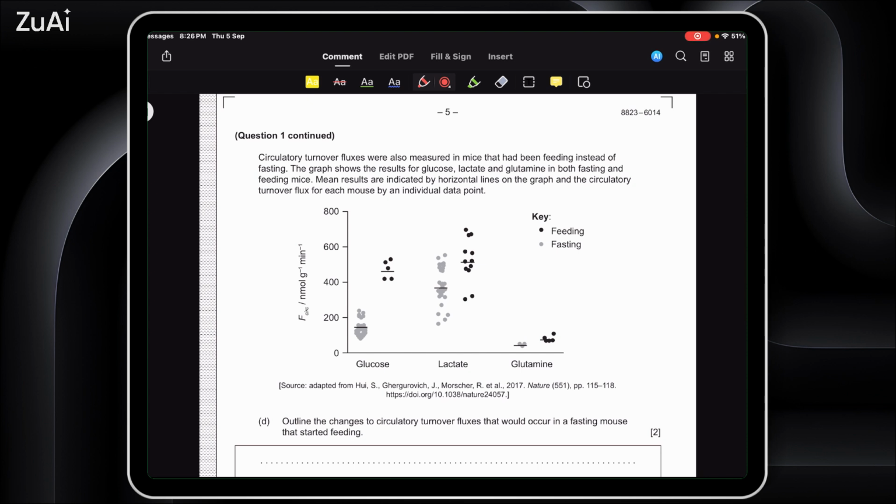So you can easily see the circulatory turnover flux increases for feeding compared to fasting.